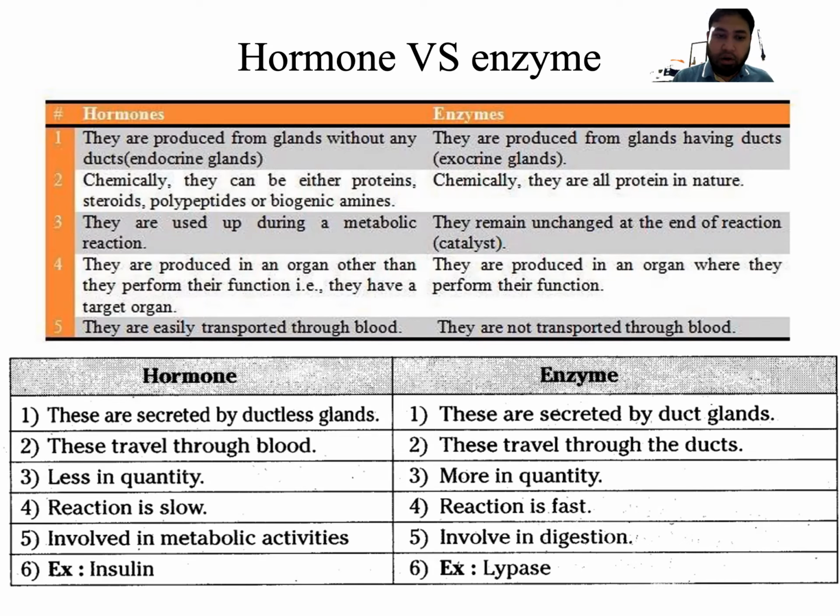Hormones involve metabolic activities, meaning the breaking down of certain food products, or synthesis of new proteins. Enzymes are involved in digestion, like lipase, amylase, pepsin, hydrolase. So these are all enzymes.